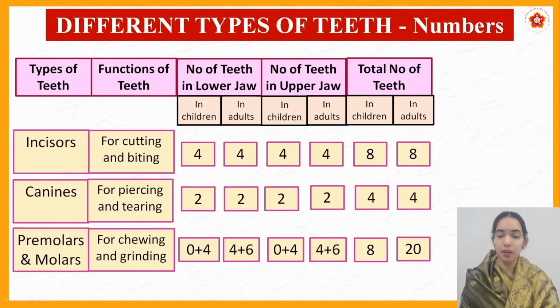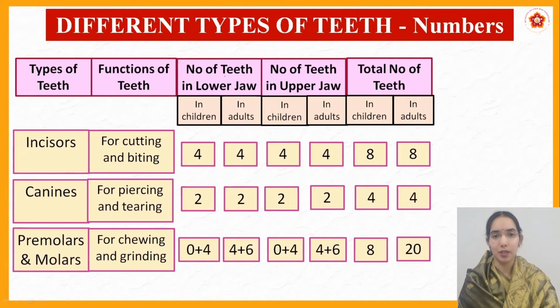So in children, premolars are absent, while in adults we have 4 premolars in our lower jaw and 4 premolars in our upper jaw. So we have 2 premolars here, 2 premolars over in the lower jaw on either side. So 4 premolars in our lower jaw, and then we have 2 premolars in the upper jaw on the right hand side, then 2 premolars on the left hand side, so 4 in the upper jaw.